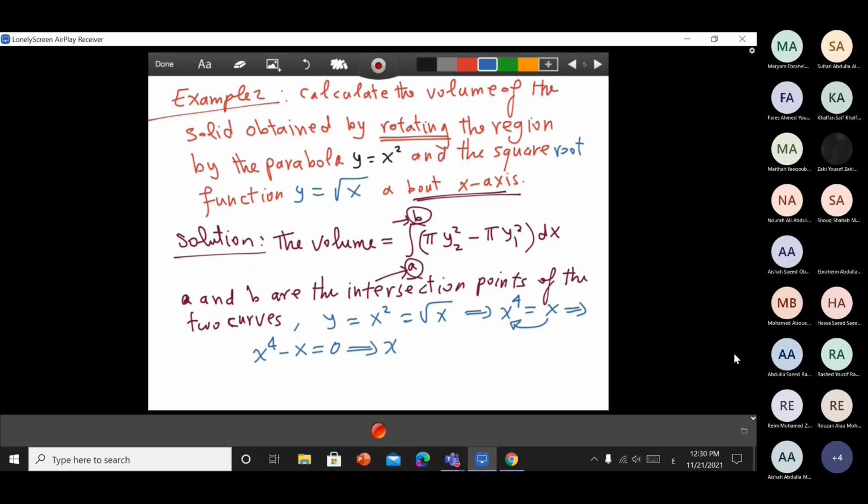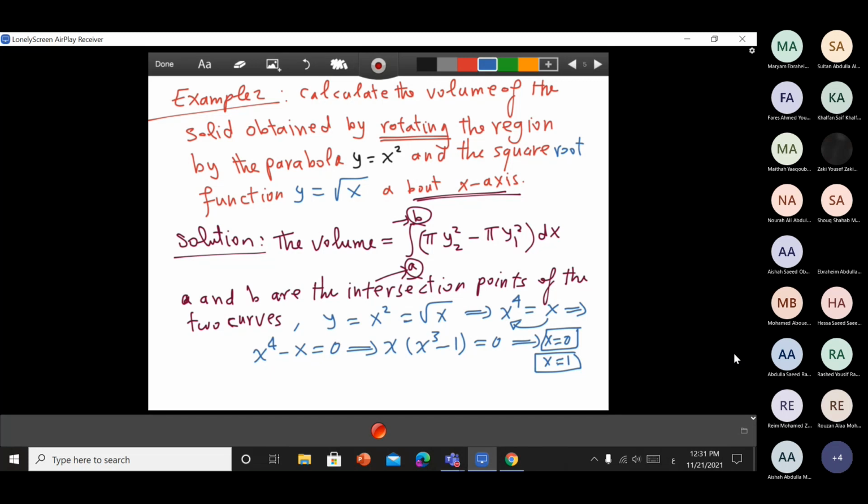Now take x as a common factor. You have x times (x cubed minus 1) equal to 0. Now, if you have two things multiplied and equal to 0, then each one of them might be 0. So x could be 0 and x could be 1. So I find A and B.